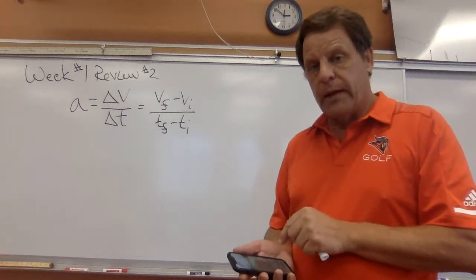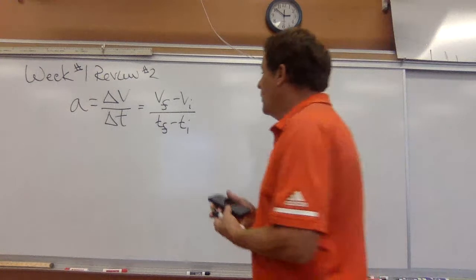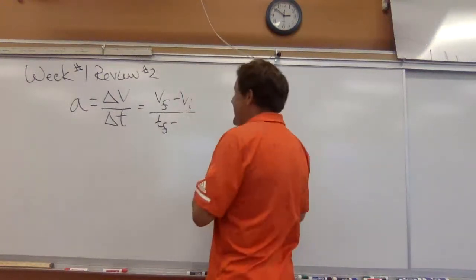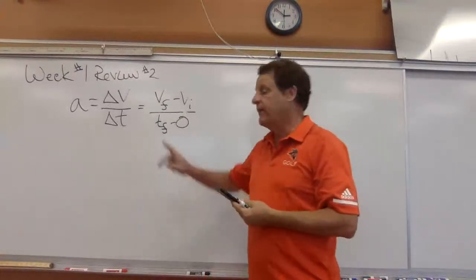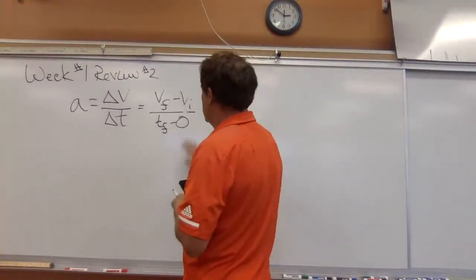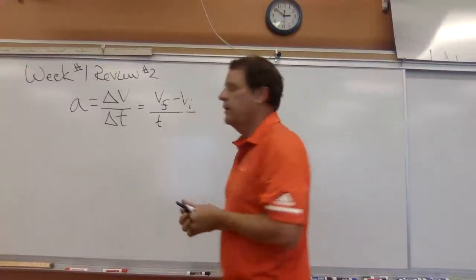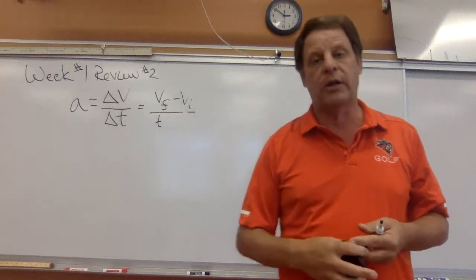As soon as I push my button, or simultaneously, I'm going to start to run the race, right? So usually my initial time is 0. So if we just have T final minus 0, we might as well just call this T. So it's the change, V final minus V initial, over time that is going to be our acceleration.